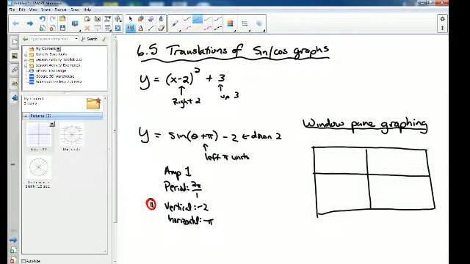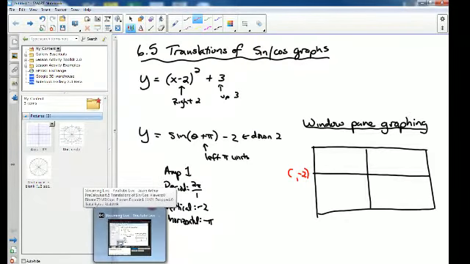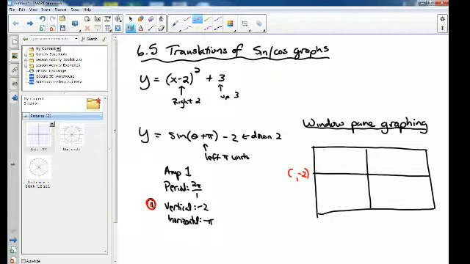That's this. This is usually 0, 0, correct? But we're subtracting 2 vertically. So our y value is down 2 units. So that's where the vertical translation affects things.